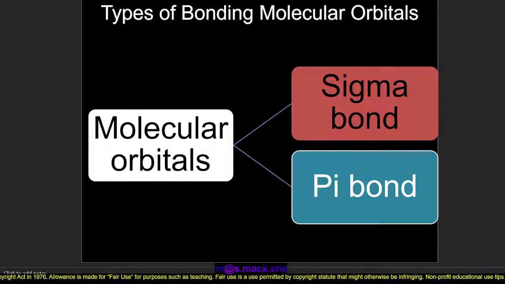When atomic orbitals overlap, a molecular orbital is formed. Let's look at two types of molecular orbitals. One which is called the sigma bond and the other is called the pi bond.